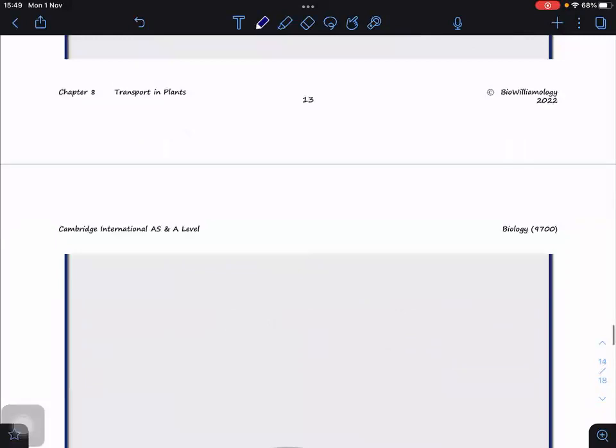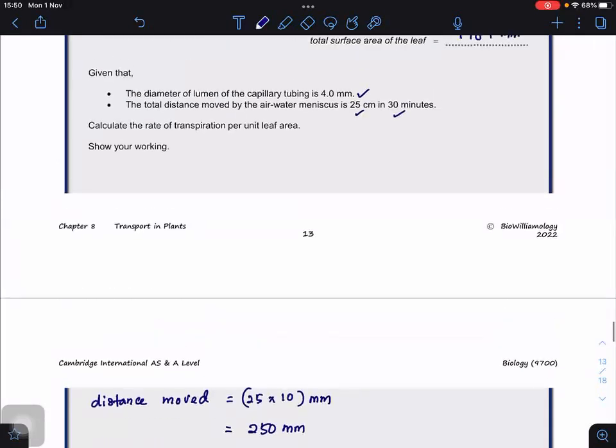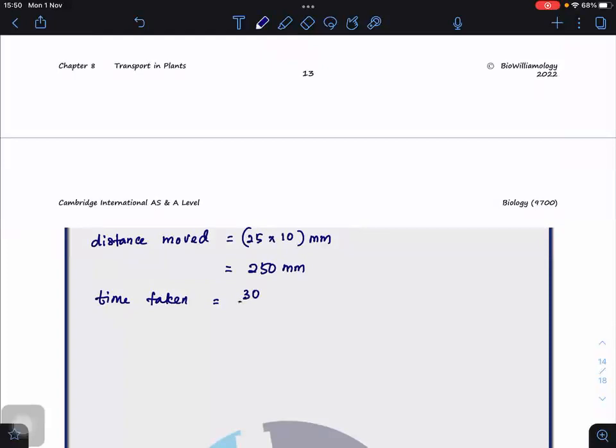We write down the distance moved: 25 cm multiplied by 10 to change to mm, so equal to 250 mm. Time taken is 30 minutes, so 30 divided by 60 to change to hours, equal to 0.5 hour.